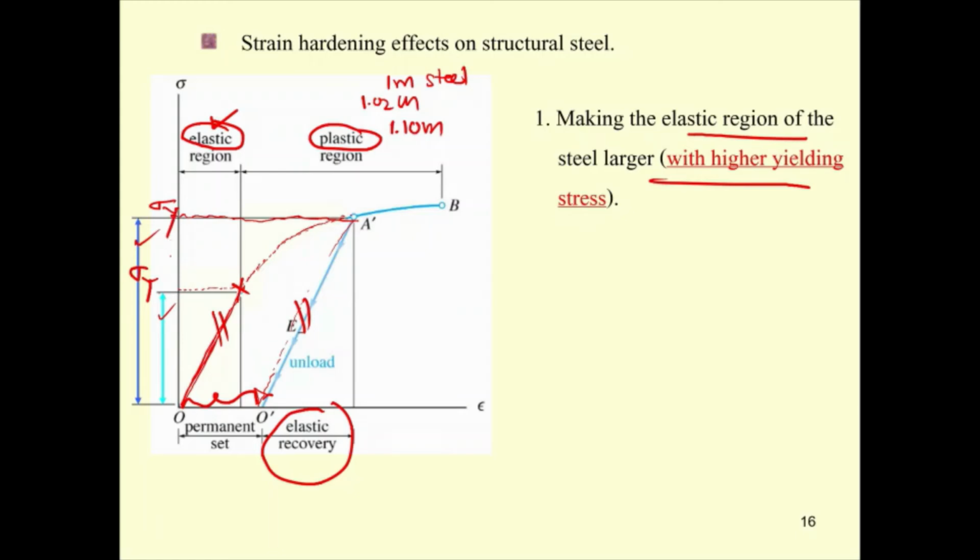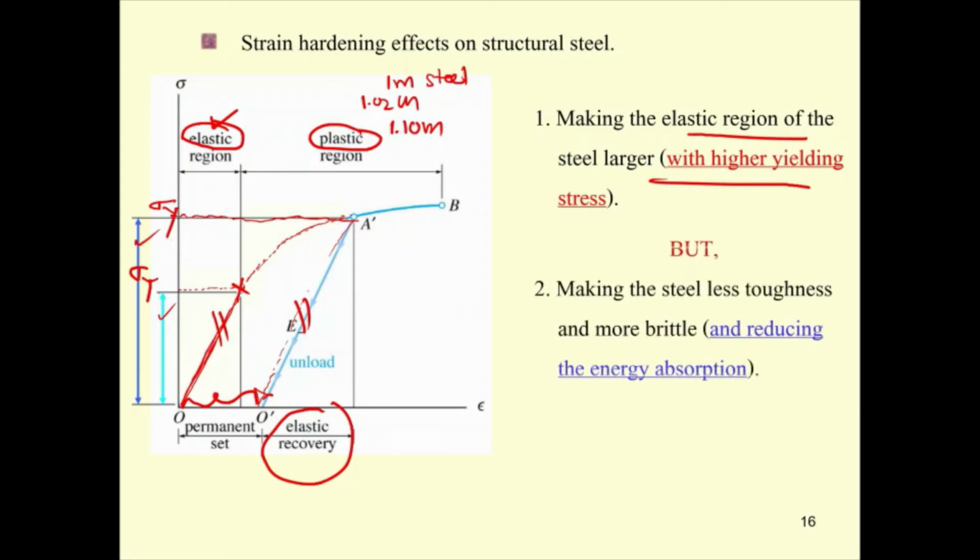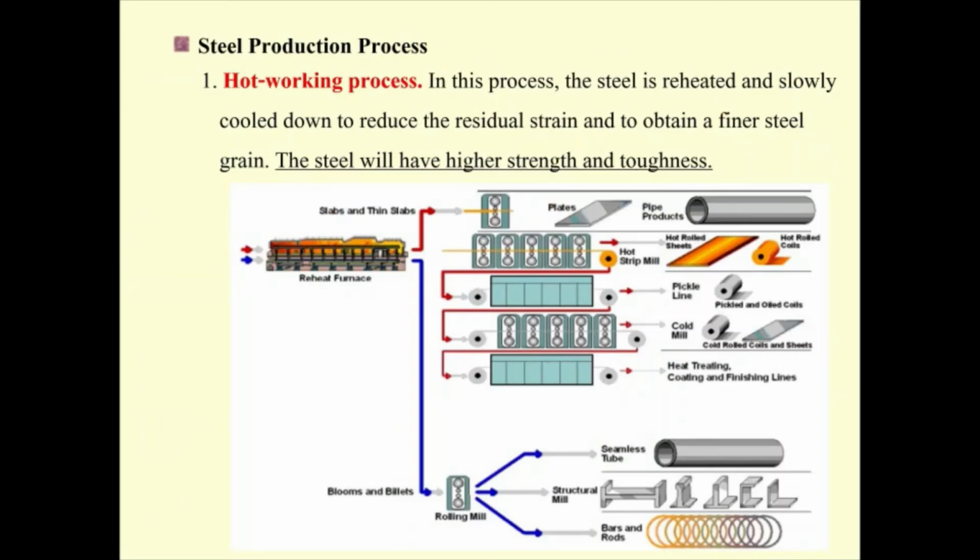That is good, right? Yes, it's good, but it also has a drawback. Usually it can elongate following the last line, but this is going to be reduced to the orange line. So your material is going to get more brittle, and the energy absorption of this material is also less, since the area under the stress-strain diagram is reduced.